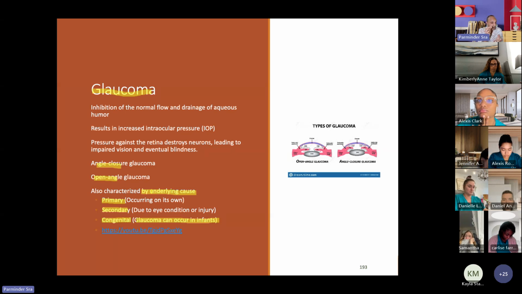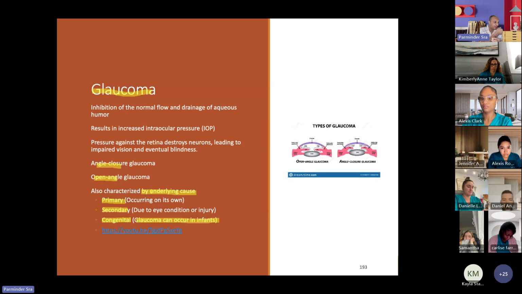Always remember, it's the drainage canal which is clogged. And if it says closed angle, it means it's closed. Something that should be open to drain being closed is a big problem. So closed angle or angle closure is an emergency situation.